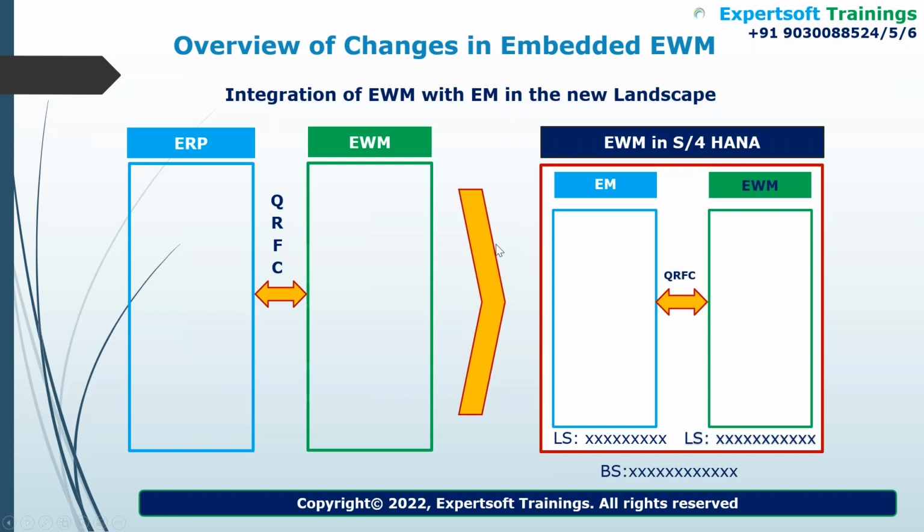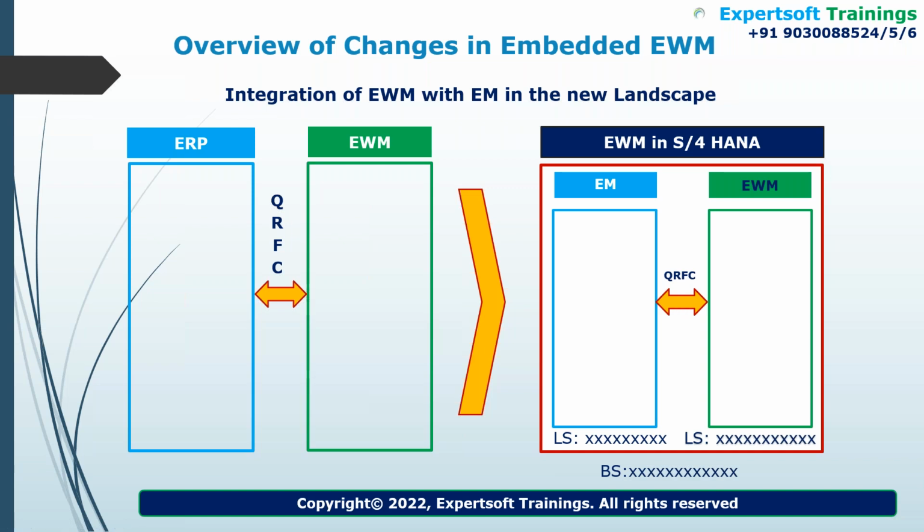Okay, so we understood that material master shifting is not required to move the data, but what about the transactional data? For transactional data, QRFC is as it is. You need to create your inbound deliveries.